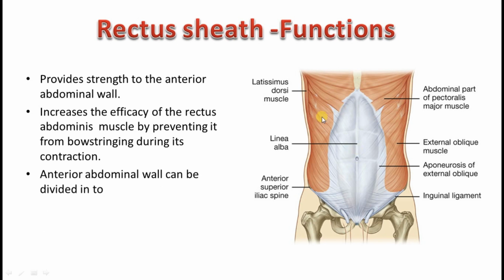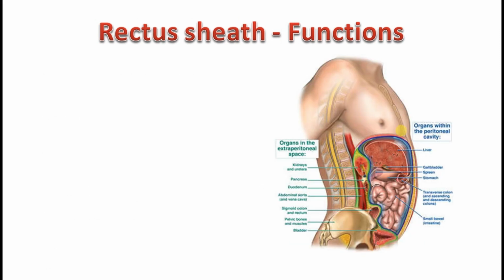Now, the whole of the anterior abdominal wall can be divided, above the umbilicus, into an upper part which is called the bursting part, and the lower part which is the bulging part. Now if you look here, the upper part is immediately below the diaphragm.